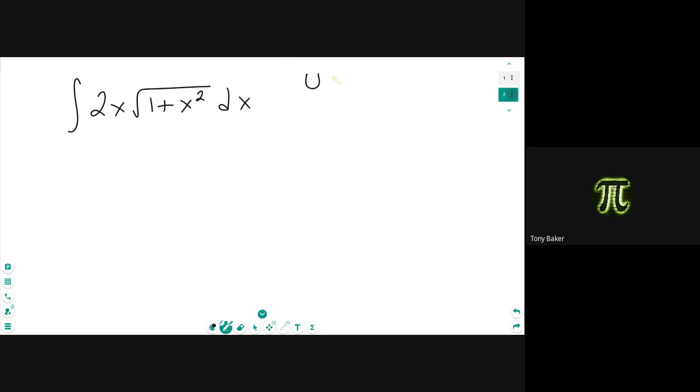So we're going to make u the same thing. And then we do du. So this is the one piece that changes. What's the derivative of that? That's 2x dx. So when you take the derivative of this side, that's how it's written. 2x dx.